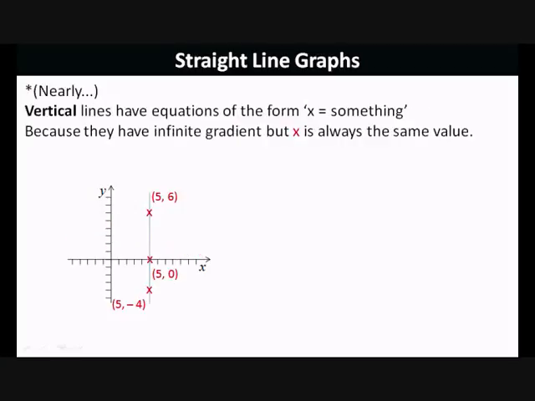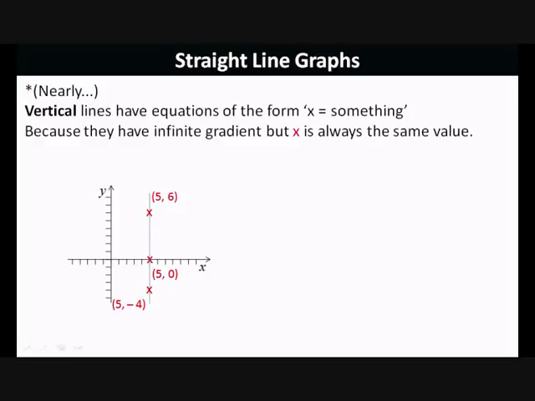Vertical lines, similarly, well, here's a vertical line. It goes through the point 5, minus 4, it goes through 5, 0, it goes through 5, 6 that I've shown, and it's going to go through a lot of points that are 5, something. So 5, 1, 5, 2, 5, 3, 5, 4.